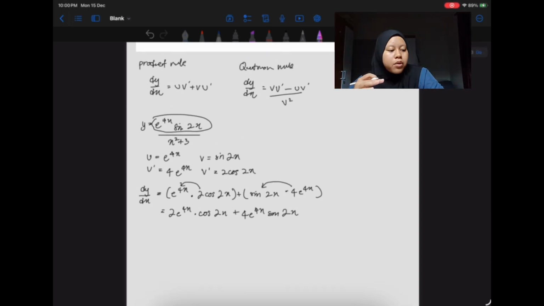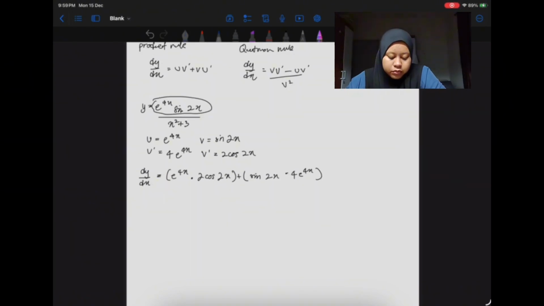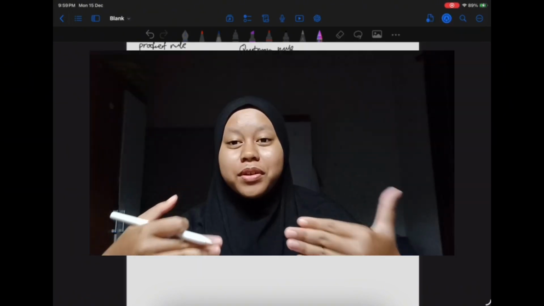We put the e^(4x) at the front so it looks even better. So we finish the first step for this part.